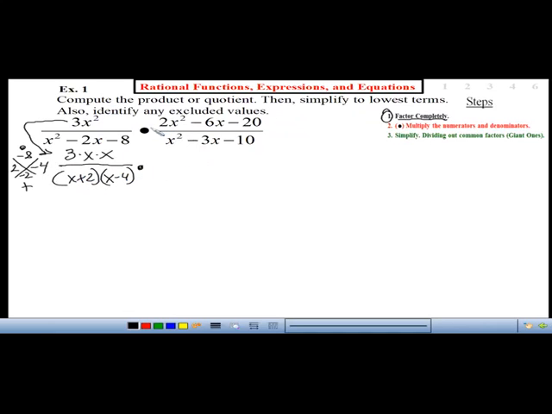What is the first thing we're going to check here to factor this numerator? GCF. First of all, it is in standard form, so GCF is what? 2. We have x squared minus 3x minus 10. Can I factor this a little bit more? Let me check. Negative 10, negative 3. Factors of negative 10 that add up to negative 3, 2 and negative 5.